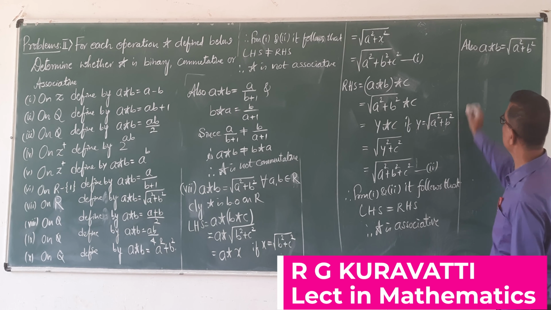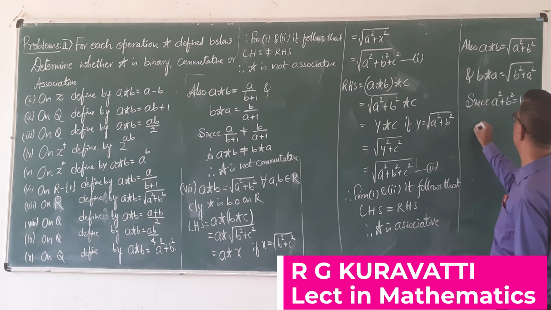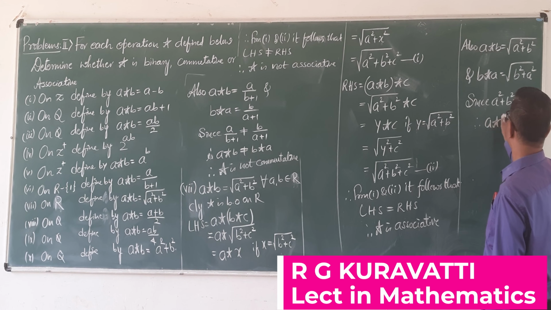Take two numbers: A value 1, B value 2. 1 square plus 2 square is the same as 2 square plus 1 square. Therefore, root of A square plus B square is nothing but A star B, and root of B square plus A square is nothing but B star A. Therefore, star is commutative. So it is associative, commutative, and a binary operation.